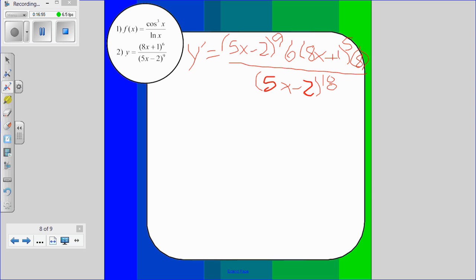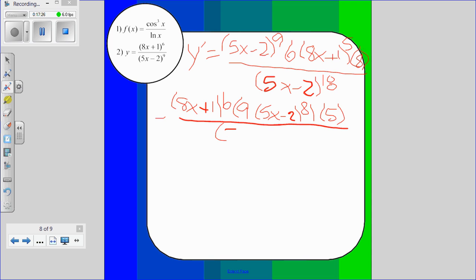So bottom times the derivative of the top, minus the top, 8x plus 1 to the sixth, times the derivative of the bottom, 9 times 5x minus 2 to the 8th times a 5 by the chain rule, over that bottom squared.